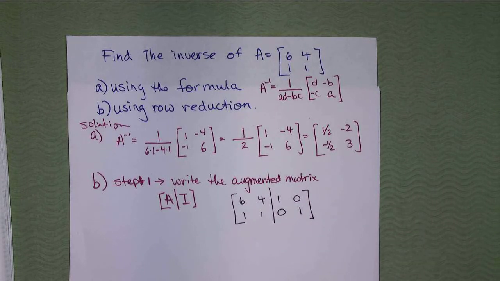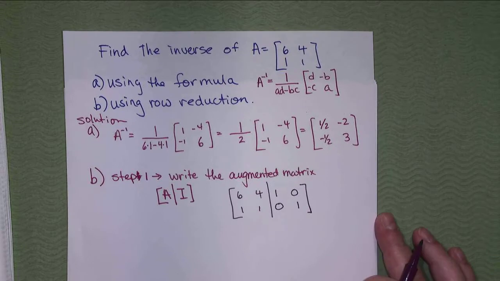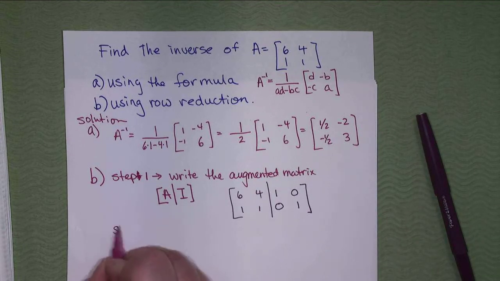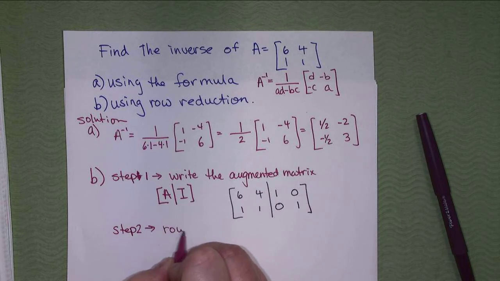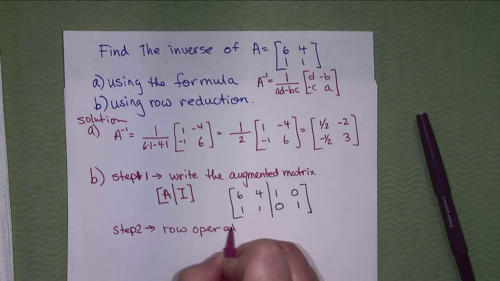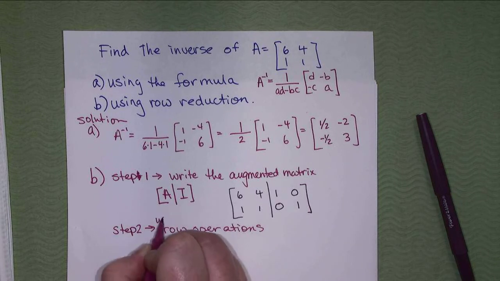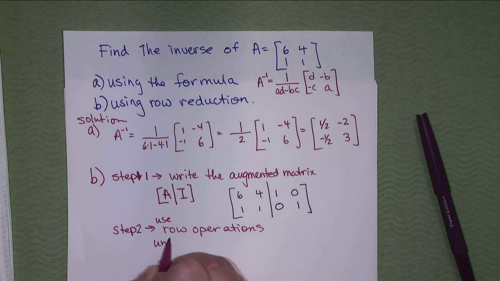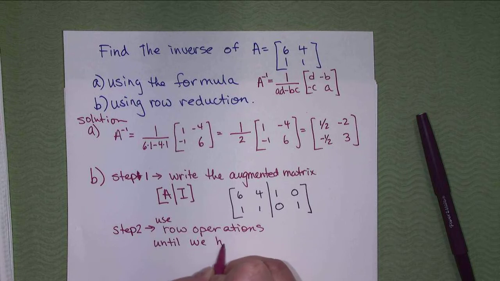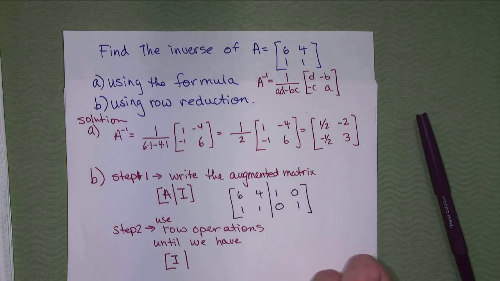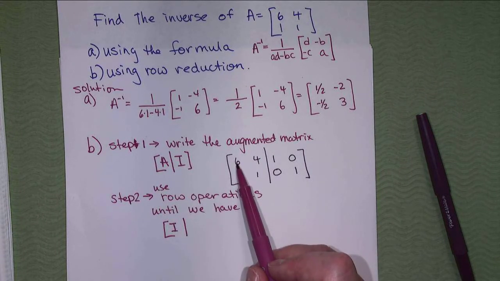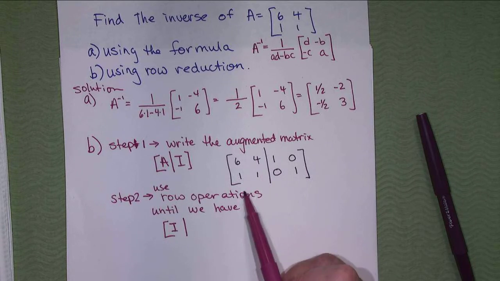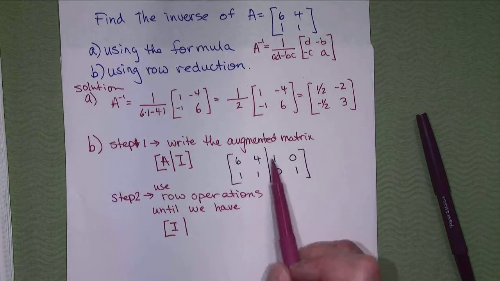And step 2, we're going to use row operations until we have I on this side. So basically we're going to figure out how to change this 6 into a 1, a 0, right? So that instead of A on this side of the line, we've got I, and what's over here is going to be the inverse.